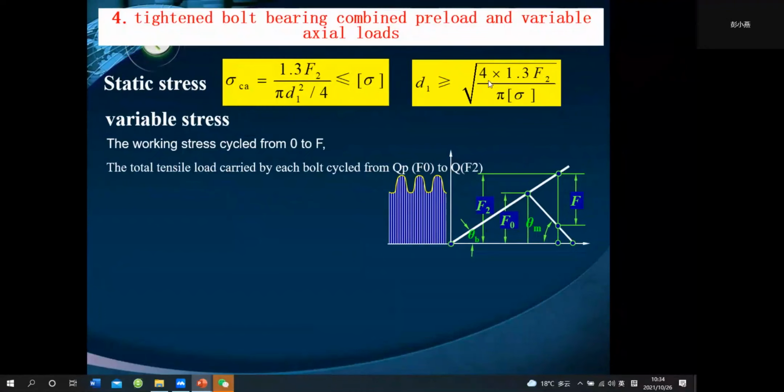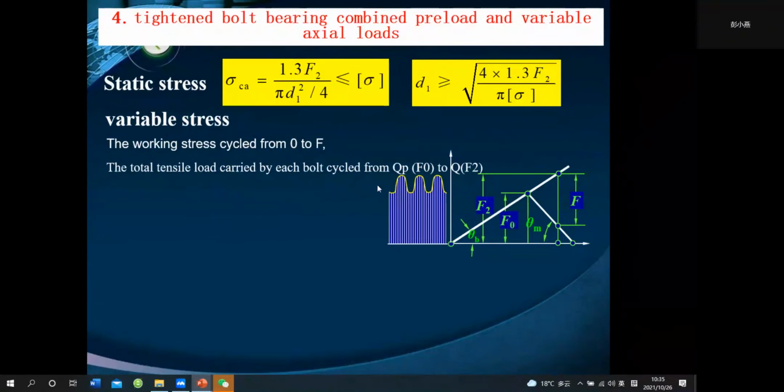This is considering the static stress. And for the variable stress, the strength criterion is different. Okay, we have learned it last week.